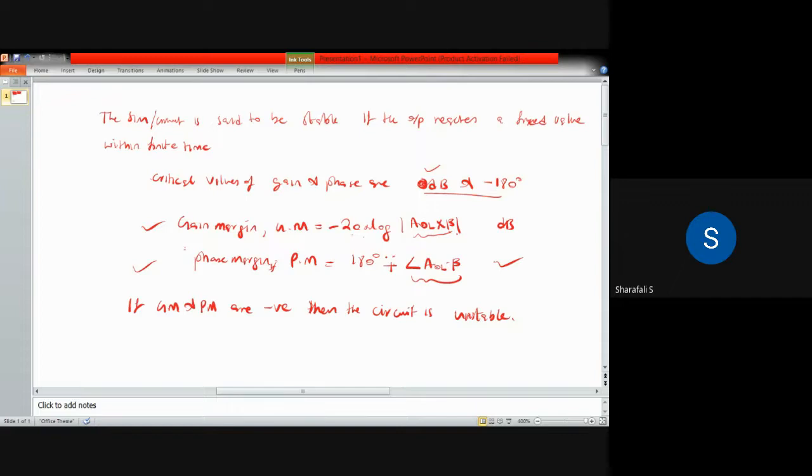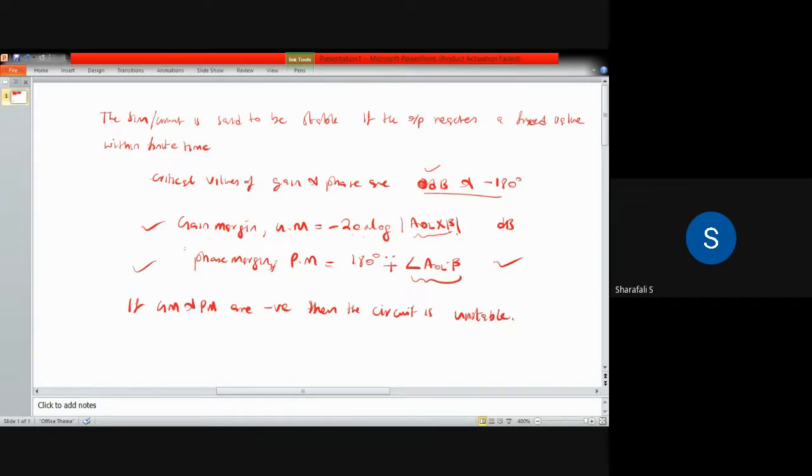But when it is unstable, there is some oscillation effect at the output, so the output will not be a constant value for the given condition. That will become an oscillator. So the circuit stability is defined by these two conditions.